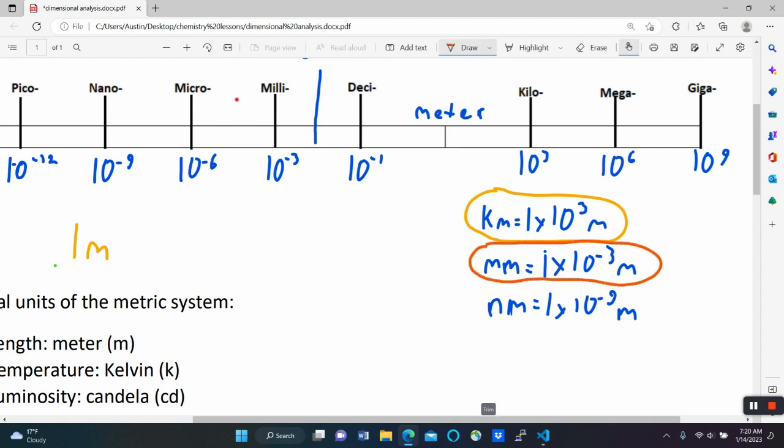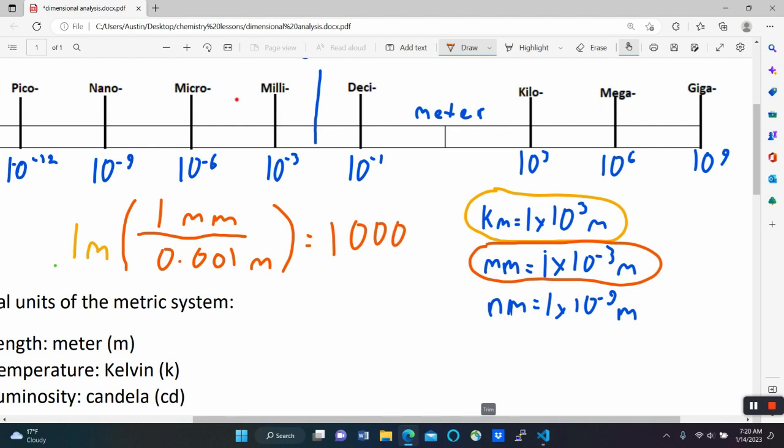And so we could convert that into a conversion factor. We'd be multiplying 1 meter by 1 millimeter divided by 0.001 meters. And that would give us a solution of 1,000 millimeters.